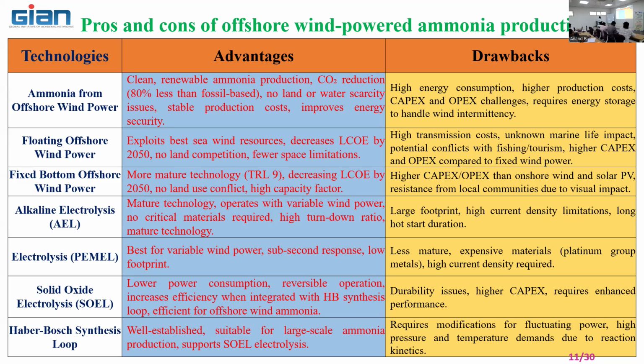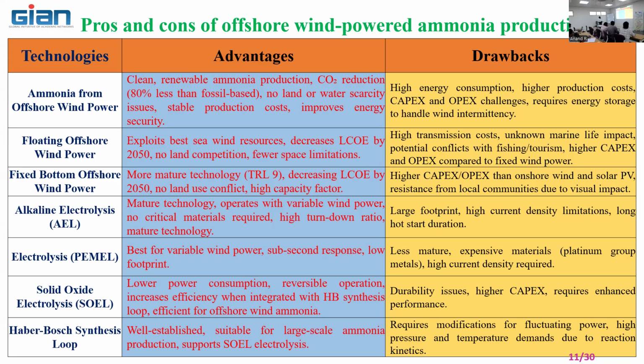Alkaline electrolysis is a mature technology. For electrolysis, you can use all the kinds of systems we have already discussed when compared with Haber-Bosch. But what is the drawback in switching over from Haber-Bosch to a renewable basis? High energy consumption, and high capital expenditures and high operating expenditures are needed.